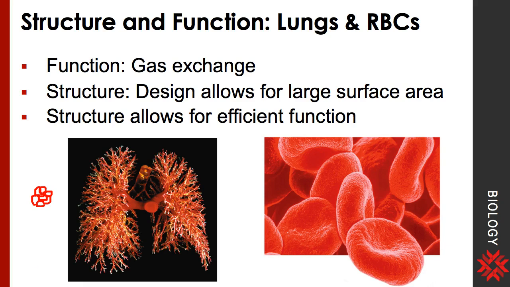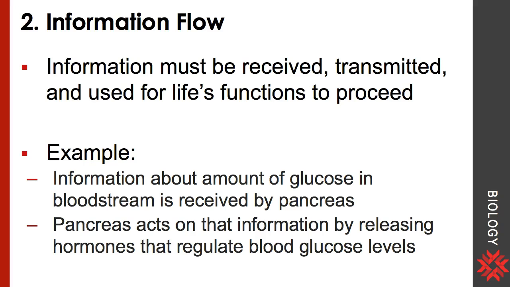Okay, let's move on to our next property. We are looking at information flow. Life can be made of these kind of complex structures that all have to be able to communicate with one another in order for life's functions to occur properly.